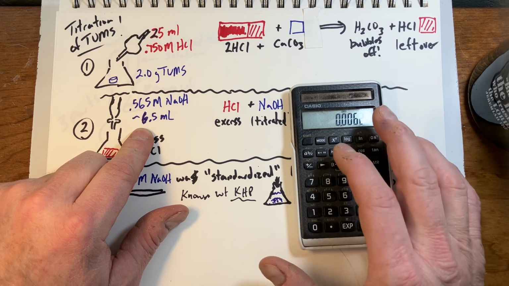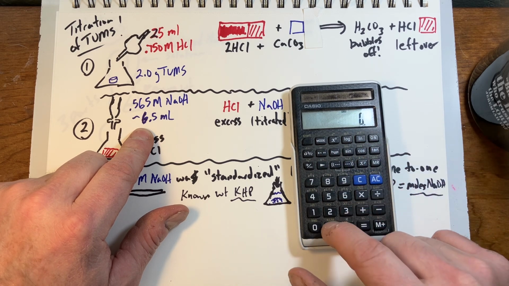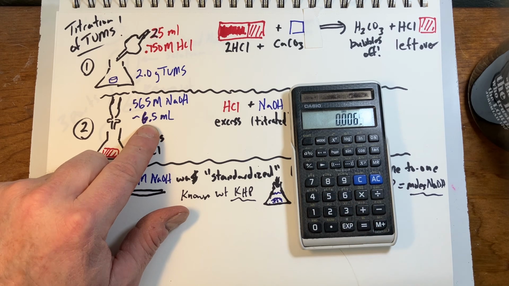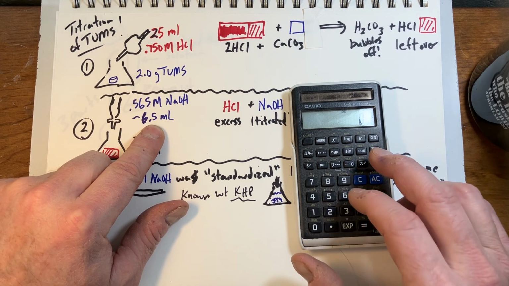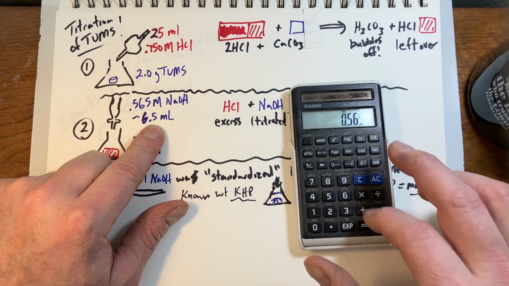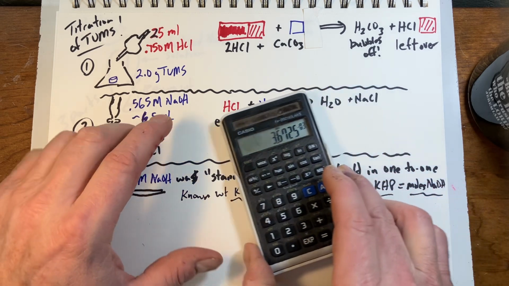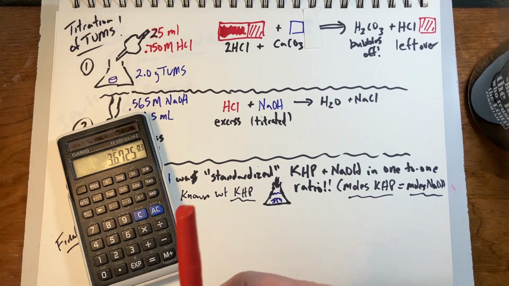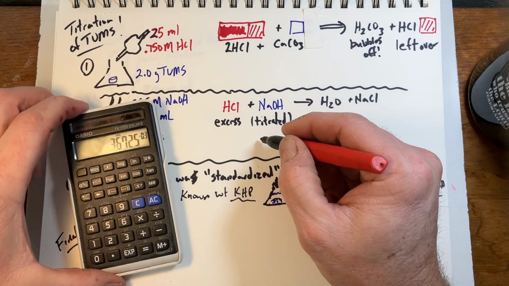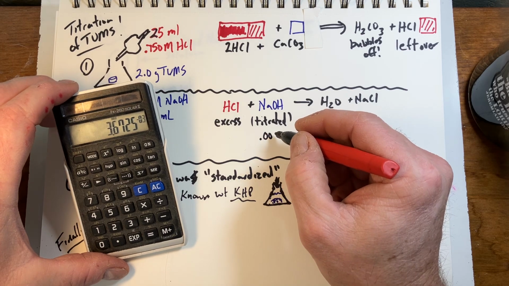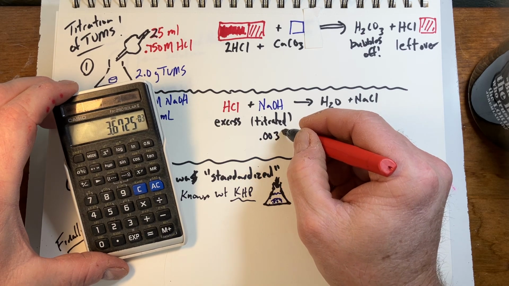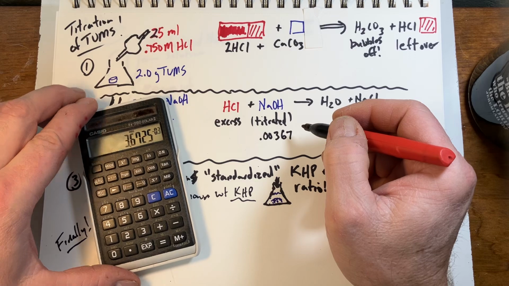So 0.0065 would be the amount in liters times 0.565 would equal, and I'll just put it in standard, as far as the amount of NaOH titrated, it would be equal to 0.00367, we'll say.